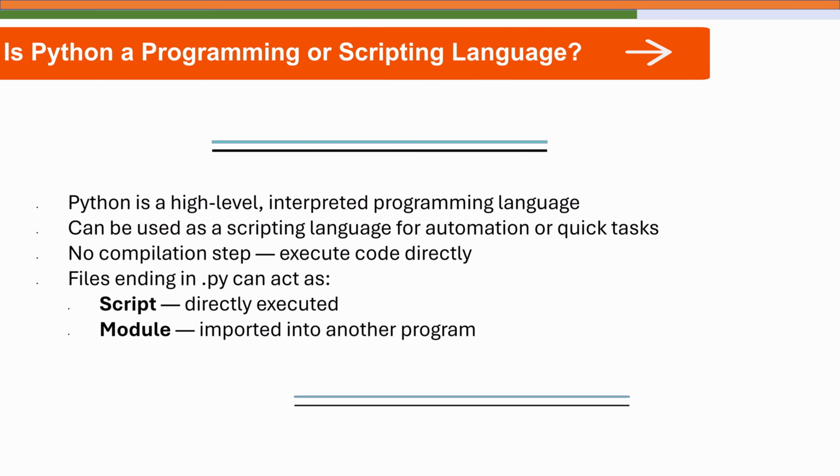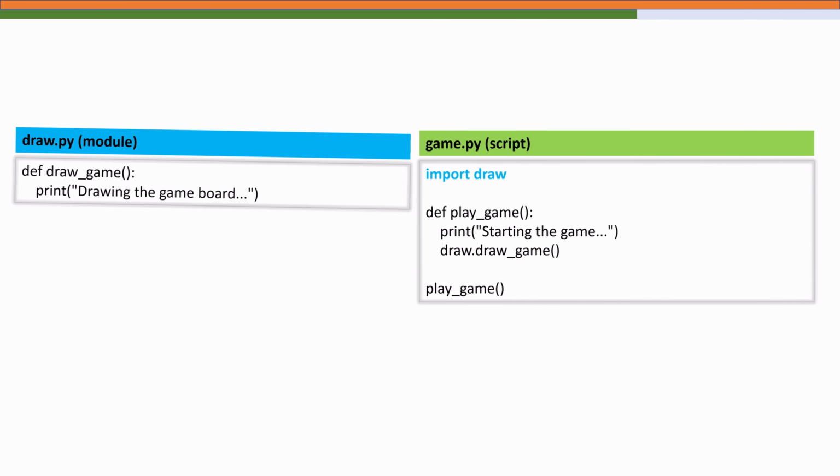So in short, scripts are made to be executed and modules are made to be imported. Most real-world programs combine both. A main script that imports several modules, for example, a game project might have a main file called game.py that runs the game and a separate file draw.py that defines the drawing logic. So this structure helps keep the code organized and reusable.